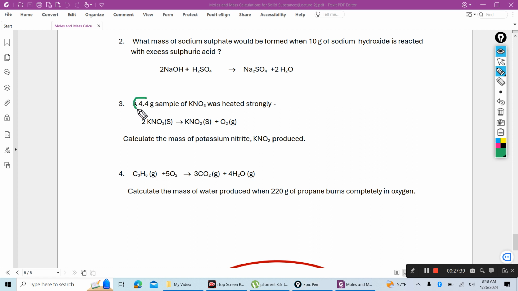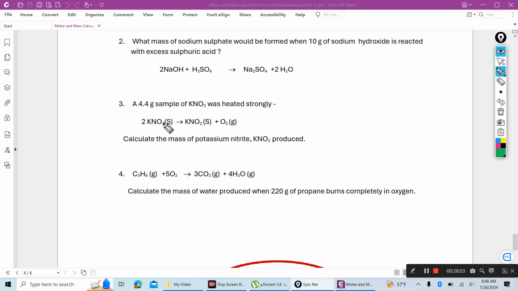As 4.4 gram of potassium nitrate is given, first you will calculate number of moles of potassium nitrate equal mass in gram given 4.4 divided by molecular mass of KNO3. You will get moles of potassium nitrate.